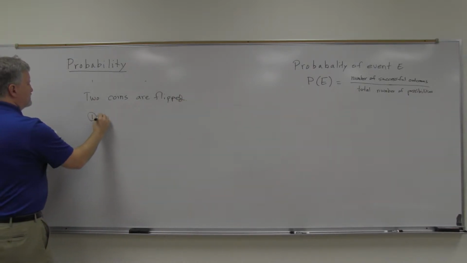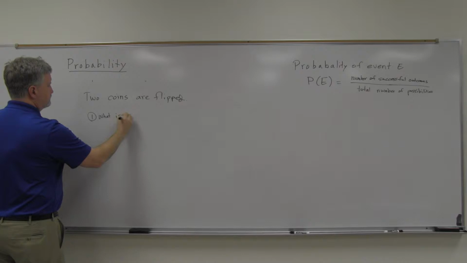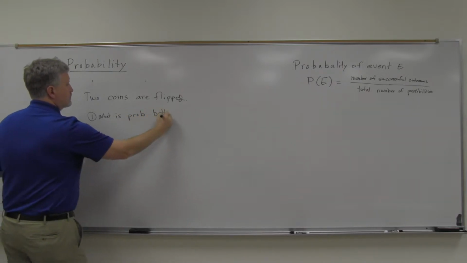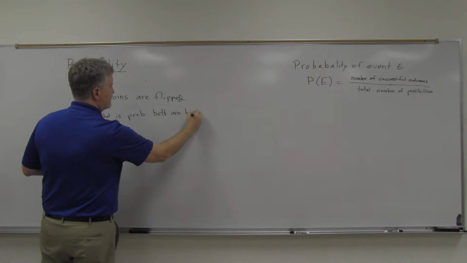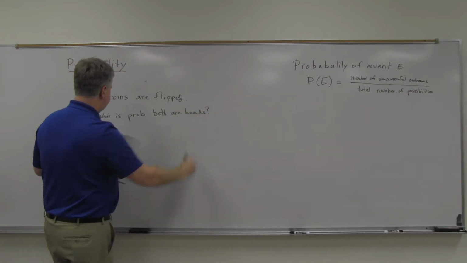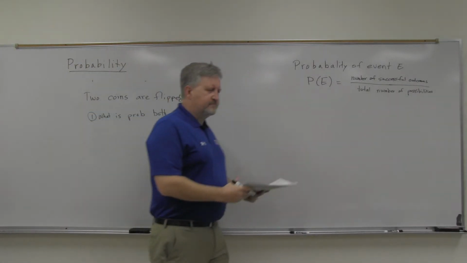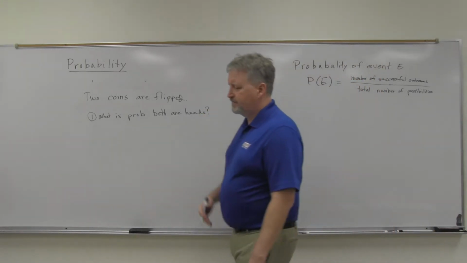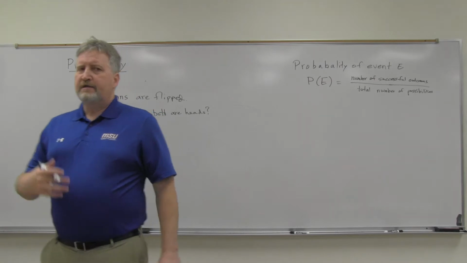Number 1, what is the probability both are heads? All right, so sometimes they get a little more complicated. This one's not too complicated, but it's a good example to show you some other things.